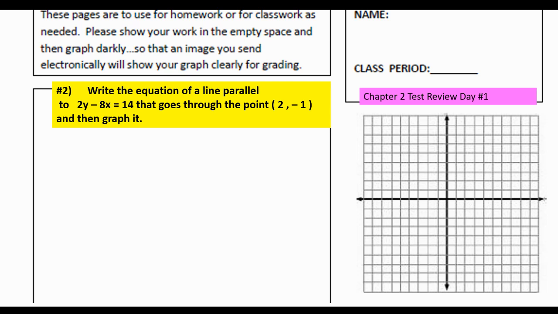So I'm waiting for you to write that down. Write the equation of a line parallel. If you need more time, you can hit pause.